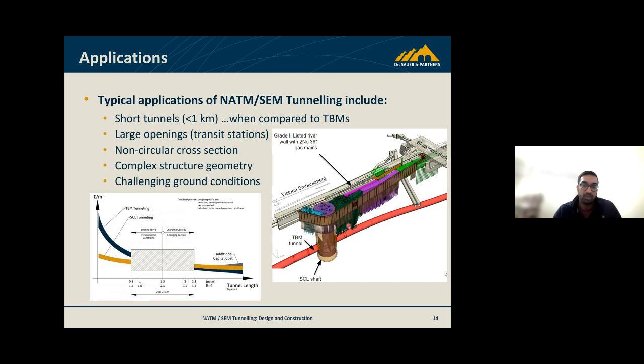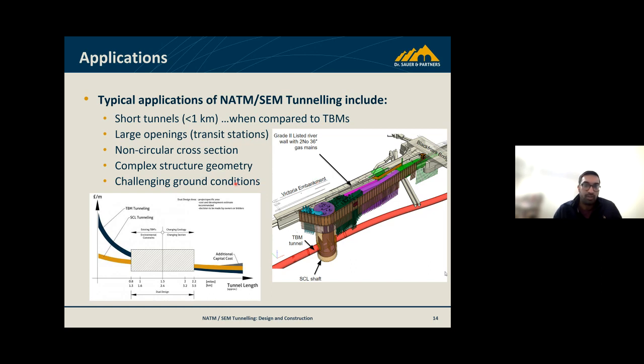that we built with SEM, and I think a lot of times people just associate them with large transit stations, but there are many different applications that SEM can be used for, and ideally it is probably one of the better solutions for them as well.